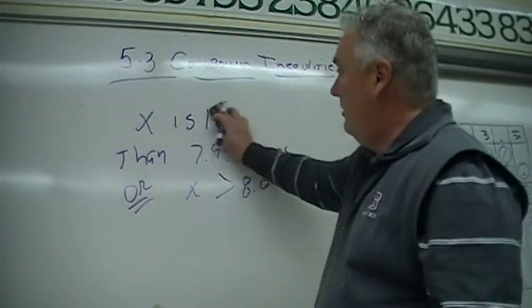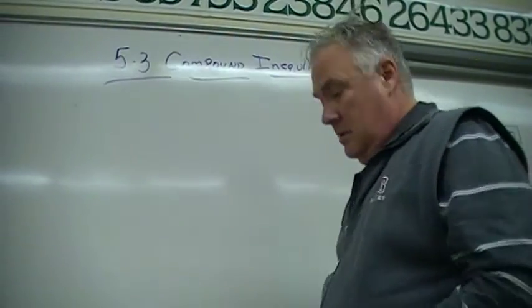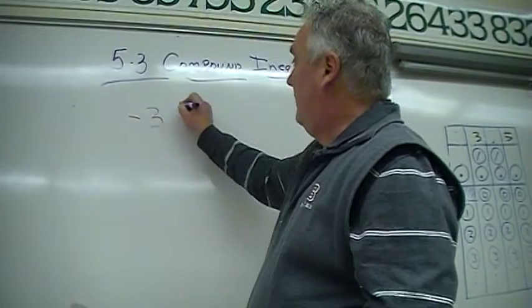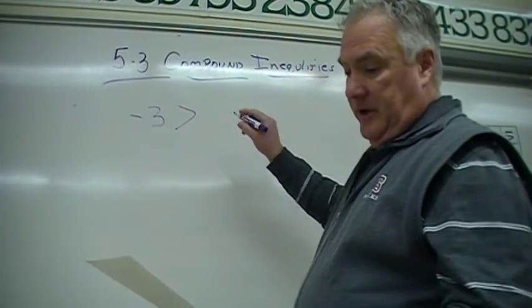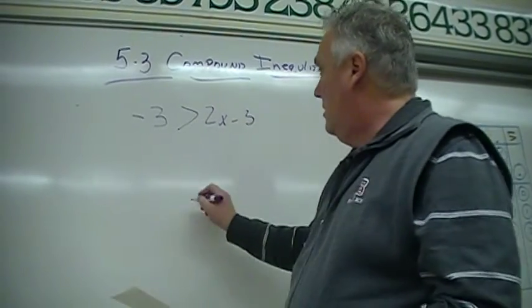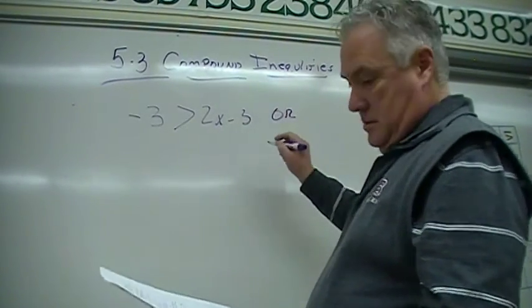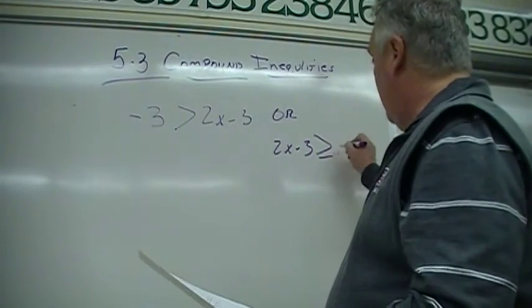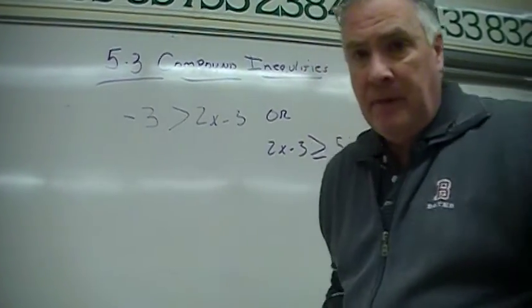We've got one problem I can go through with you and graph as we are running out of time. -3 is greater than 2x minus 3, or 2x minus 3 is greater than or equal to 5. Okay?